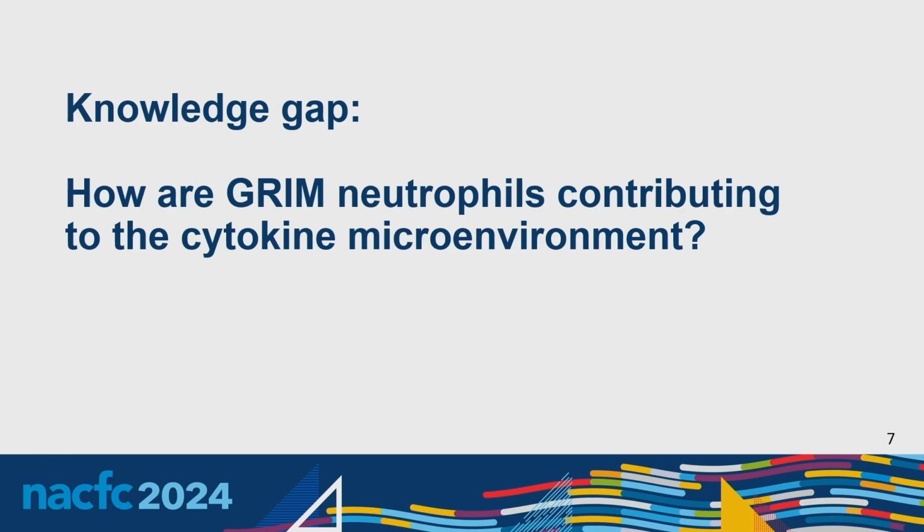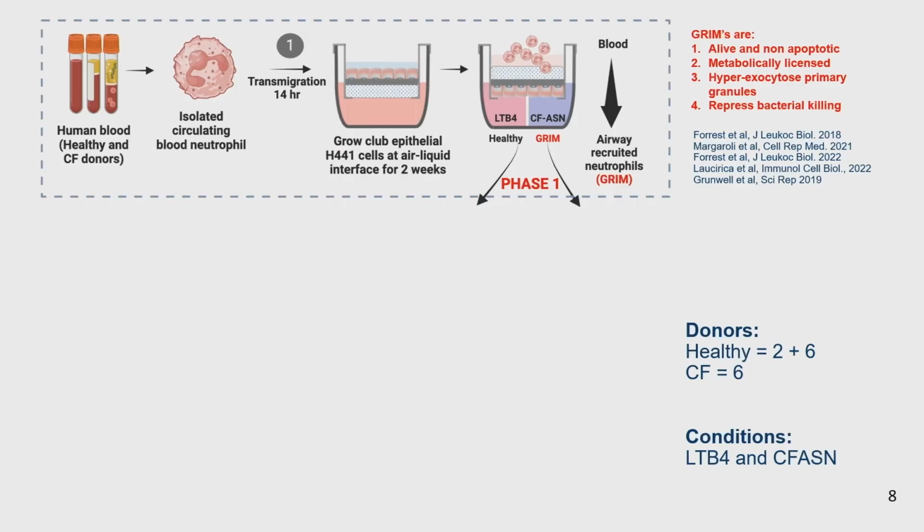To understand this better, we have isolated the contribution of just neutrophils to this microenvironment. We get blood from CF and healthy donors, isolate the neutrophils from both, and transmigrate them through an Alvetex transmigration epithelial model that we have in our lab, in which neutrophils are transmigrated towards LTB4 and CFASN.